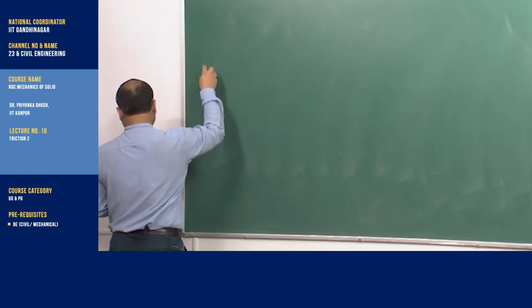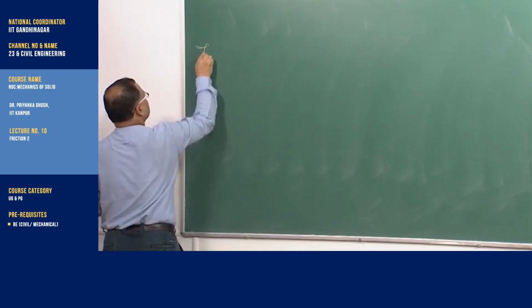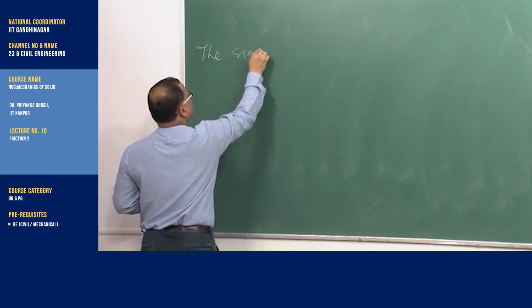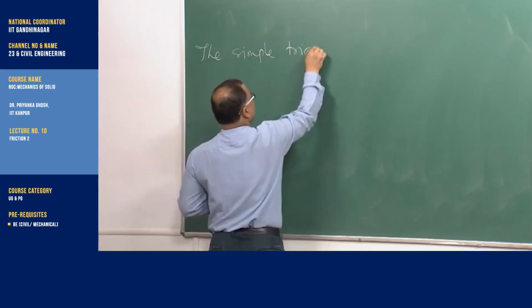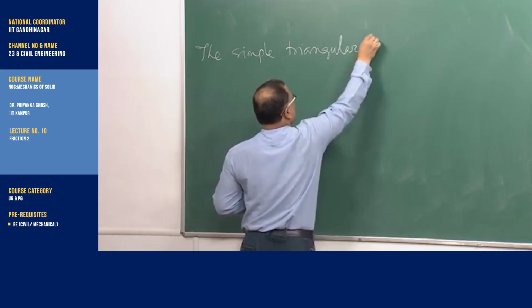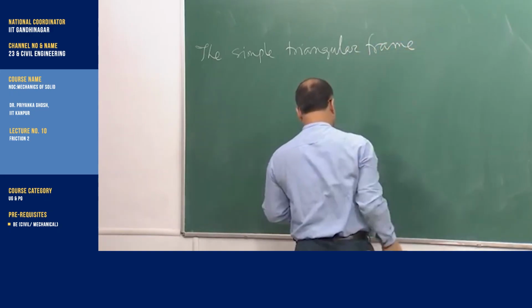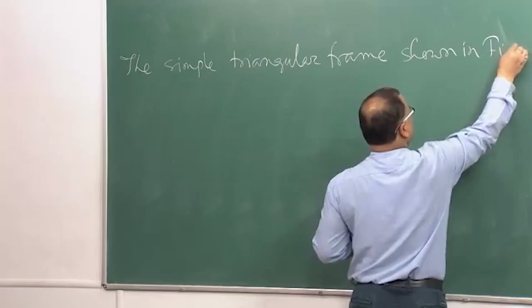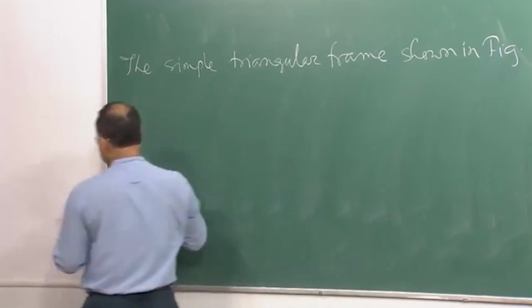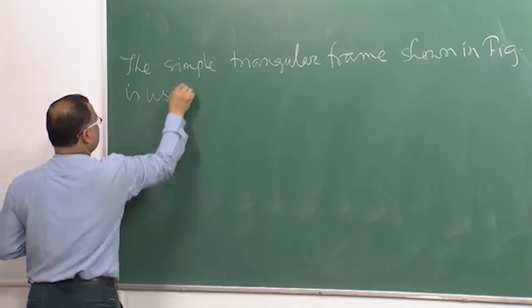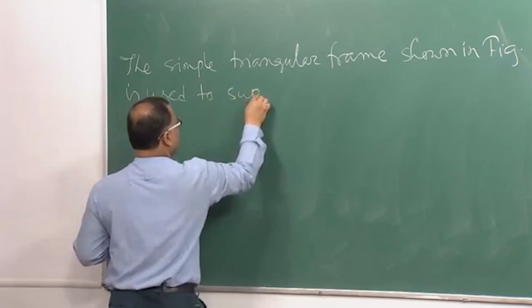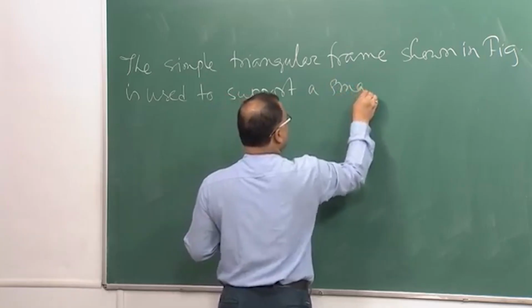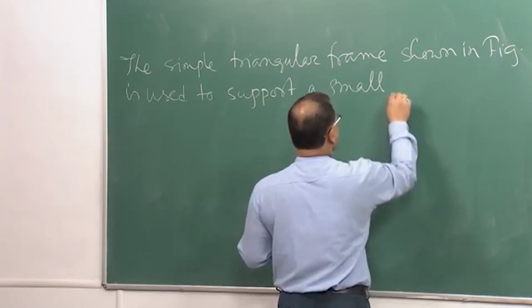Problem says: the simple triangular frame shown in figure is used to support a small chain hoist.